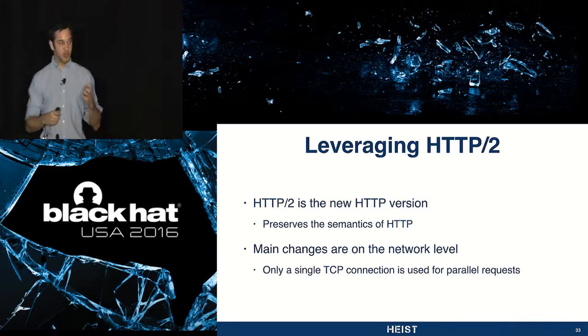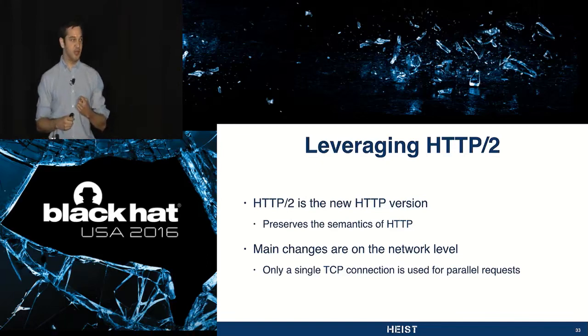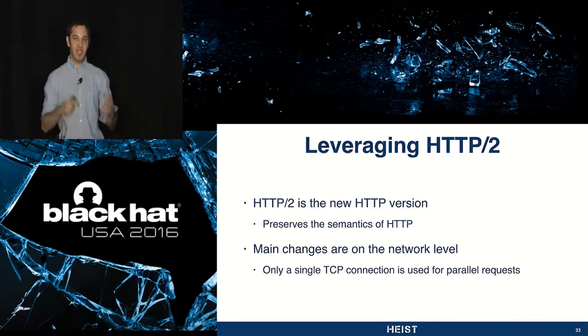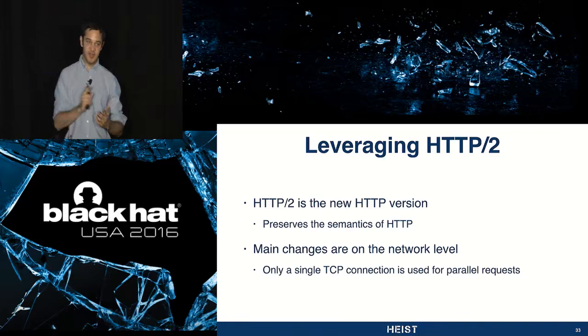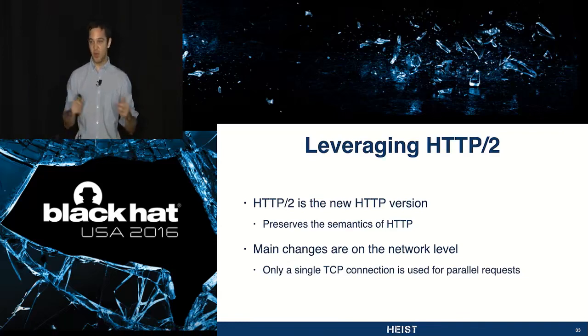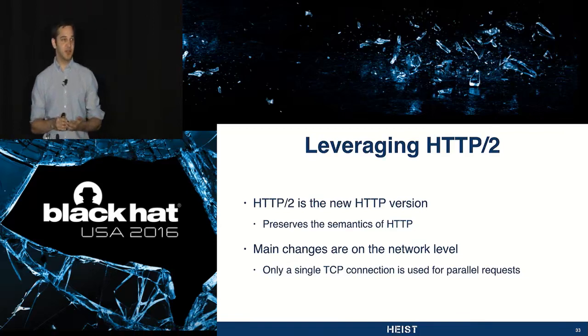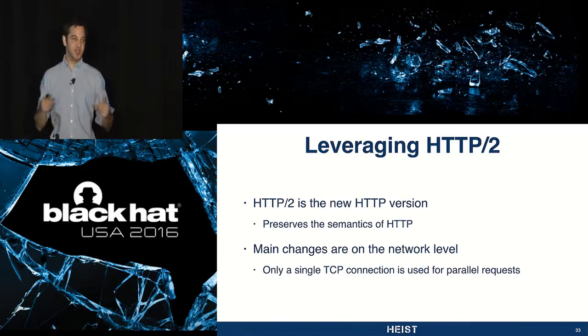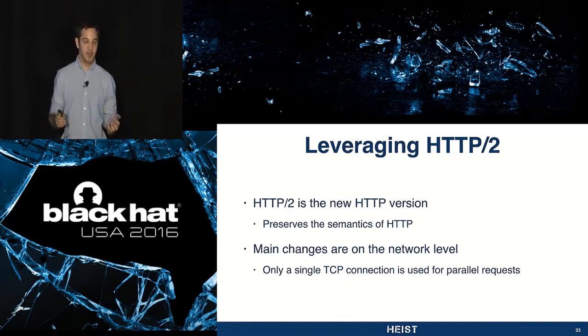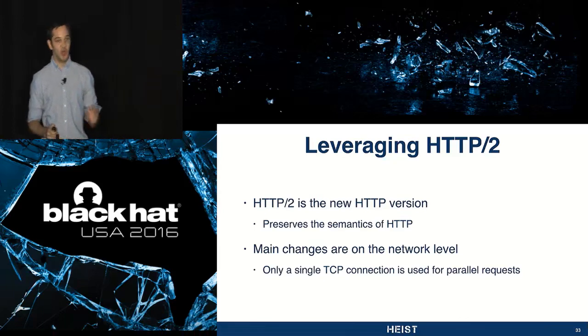And the most important change here is that when you're using HTTP2, only a single TCP connection will be used to send all requests. Because with the older HTTP1 standard, if you were loading a website, your browser would make up to 6 parallel requests to download all images from this website. But with HTTP2, only a single TCP connection is used.